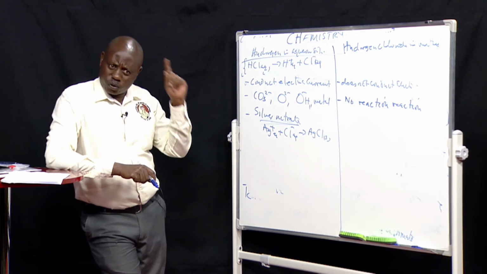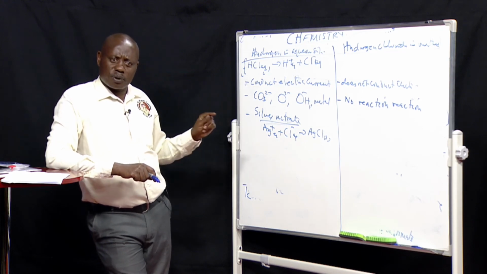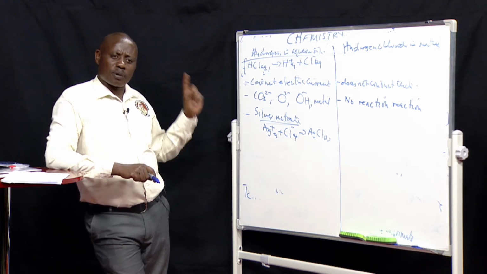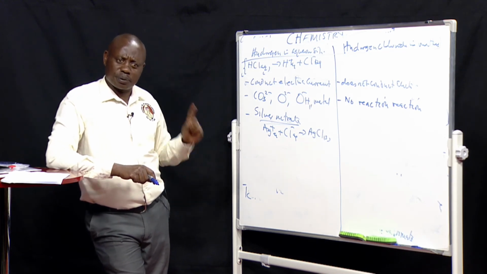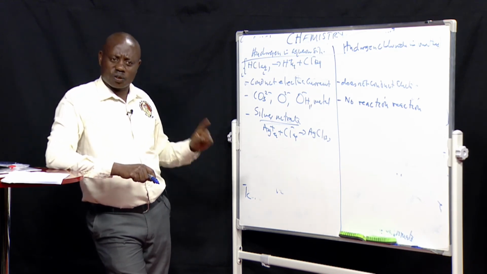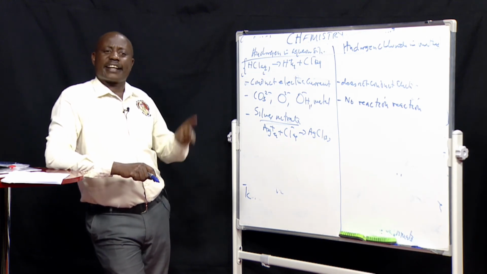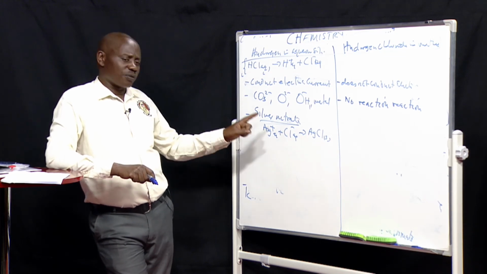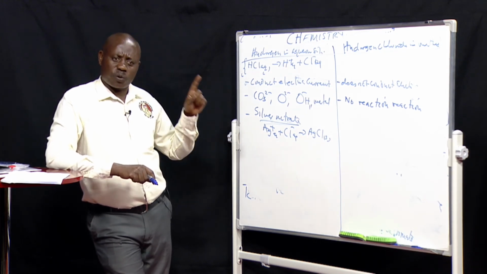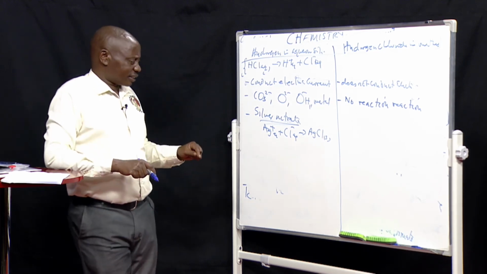When hydrogen chloride gas is bubbled through silver nitrate solution, it forms a white precipitate. And that gas is considered to be hydrogen chloride, a colorless gas, which when bubbled through a solution of silver nitrate forms a white precipitate.